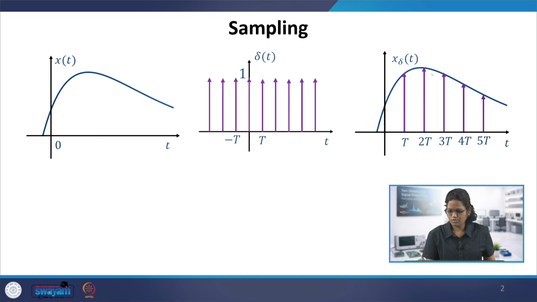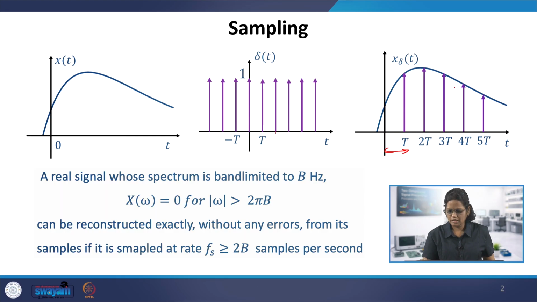In-between values are not defined, depending on the sampling time we use. This is the period T for which it is multiplied. So this is available only at T, 2T, 3T and so on, and in between the impulse is not defined. So the sampled sequence we get is this.